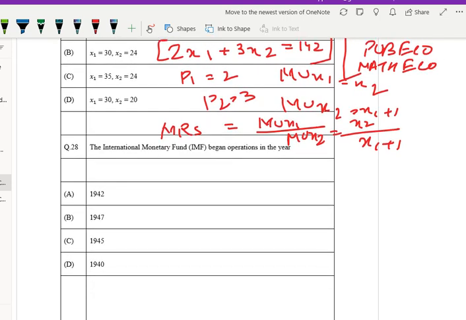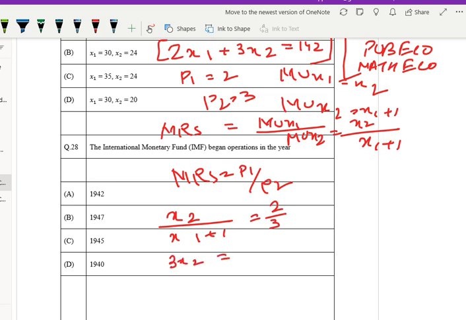We know MRS being P1 by P2. If I substitute the value, that is equal to 2 by 3. So 3x2 is 2x1 plus 2, right? So 3x2 minus 2x1 is 2. That is the first equation.